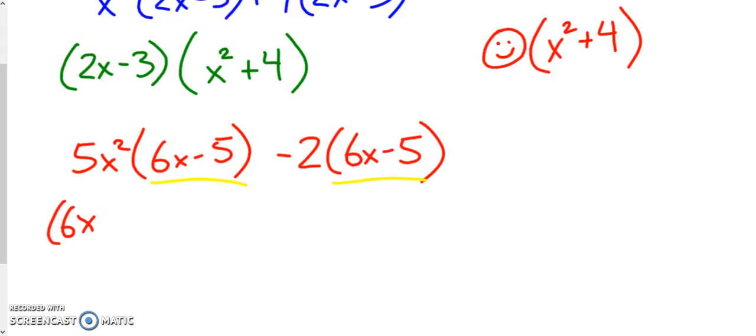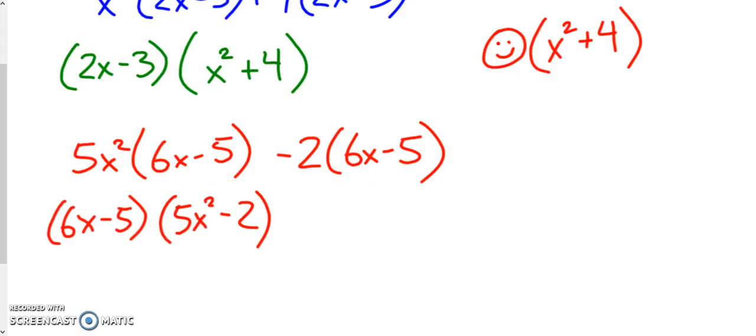So that's 6x minus 5, and then 5x squared minus 2 is left over. By the way, these two sets of parentheses can go in the other order. In other words, I can flip-flop where these are written. Some people like to write the 5x squared minus 2 first. That really doesn't matter.